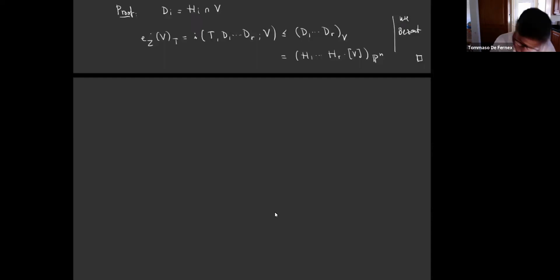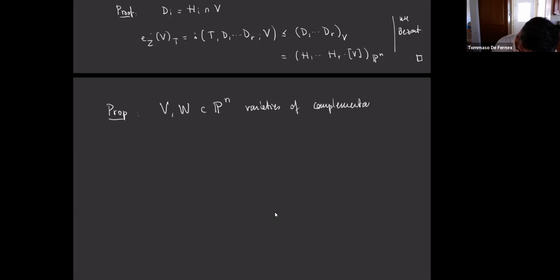The second one actually is simpler. Sorry. Suppose I give you now two varieties, V and W, inside a projective space, of complementary dimension, intersecting properly.